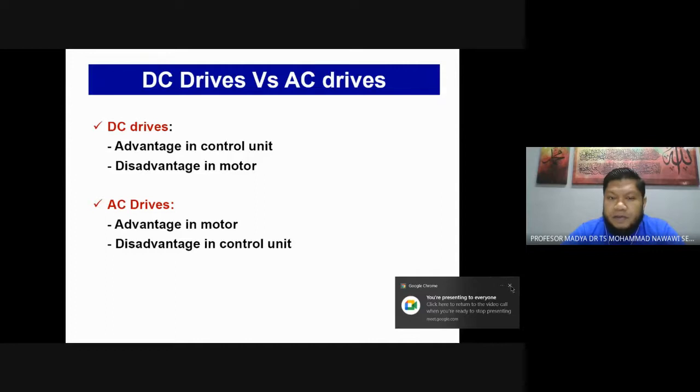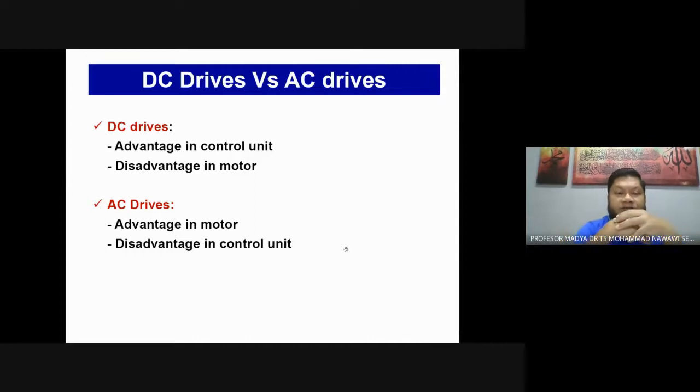DC drive versus AC drive. For DC drive, it has an advantage in the control unit, but a disadvantage in the motor. As for the AC drive, there is an advantage in the motor and a disadvantage in the control unit, whereby it's more difficult to control the AC motor than the DC motor.